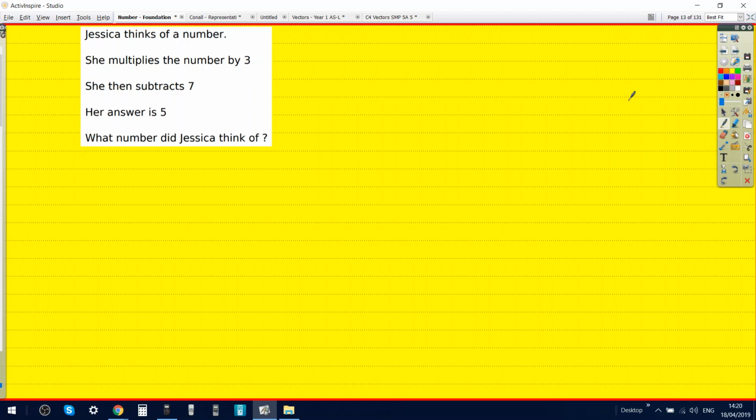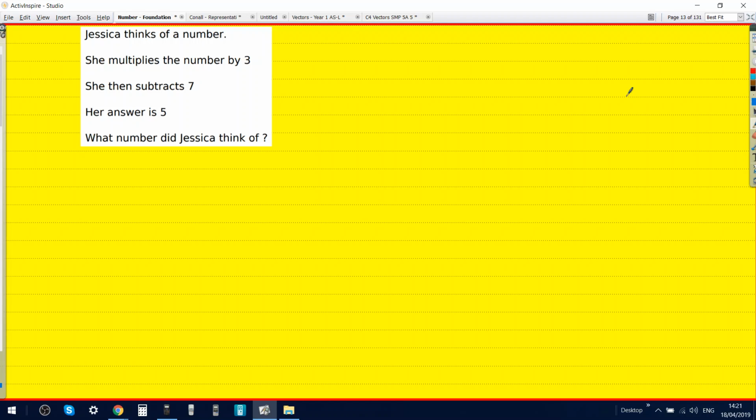How do we do this? Okay, Jessica thinks of a number, she multiplies it by 3, then subtracts 7. The answer is 5. What number did she think of? So if I write this out, I can work it out because it's that whole thing of reversing the signs, isn't it?